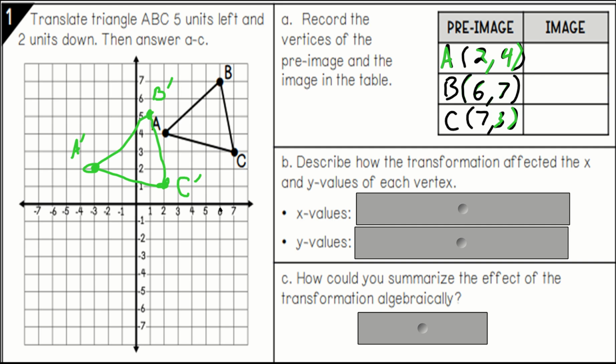So those are our ordered pairs that we started with. Where it ends up on the image, our A prime is at -3, 2. B prime is at 1, 5. And then C prime is at 2, 1.